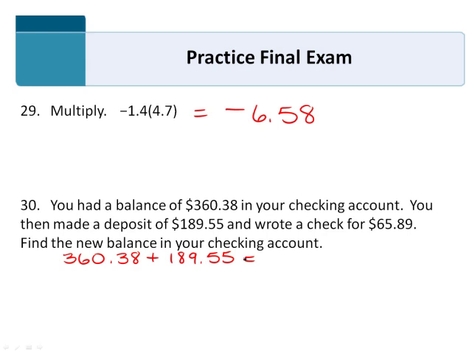So let's see what that is. We have $360.38 plus $189.55 gives me $549.93. Now, then I wrote a check for $65.89. So I'm going to take the $549.93 and subtract $65.89, and that should give me the balance.